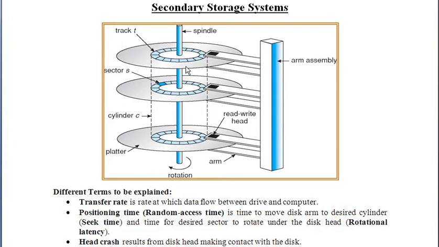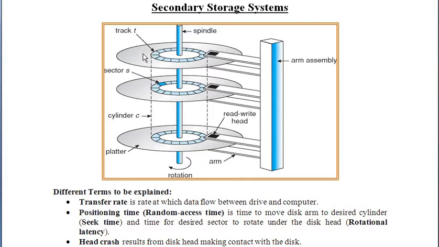So see here, these things are called platters. CDs, or these kinds of circular things, are called platters, and each platter has tracks. I repeat, each platter has tracks, and these tracks have a number of sectors.